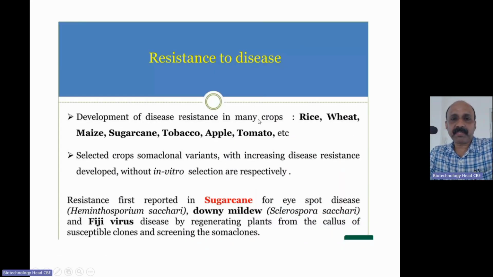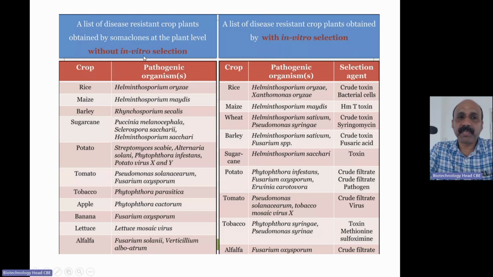Resistance to diseases is one example: resistance was first reported in sugarcane for eye spot disease, downy mildew disease and Fiji virus disease, regenerating plants from the callus of susceptible clones and screening for the toxin. This is one specific example from sugarcane that has been developed and is also being grown normally. So these are all using in vitro selection procedures, and different varieties have been developed.